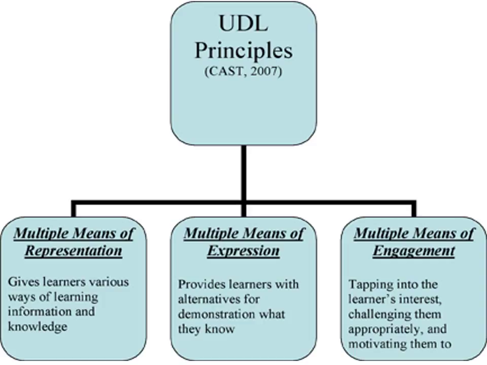Multiple means of expression: this is where learners are provided with alternatives for demonstrations of what they know, offering different ways for students to demonstrate their knowledge, not only through taking tests, but maybe through take-home essays, fieldwork, a video, a presentation. It asks classrooms to provide diverse ways for students to show and demonstrate their knowledge.